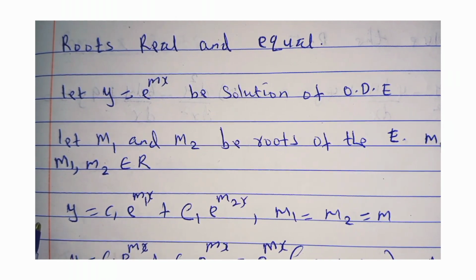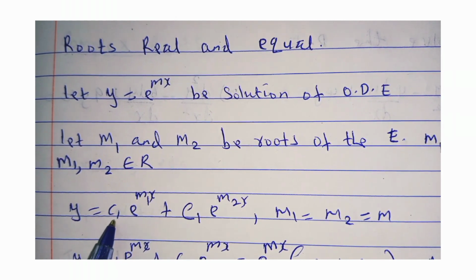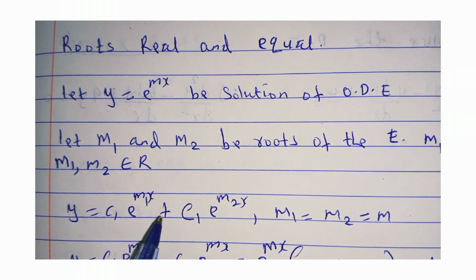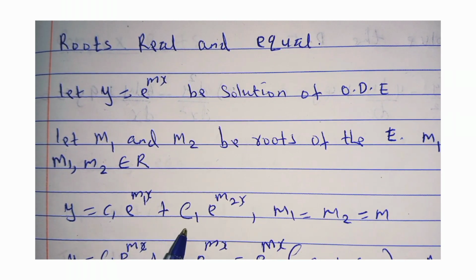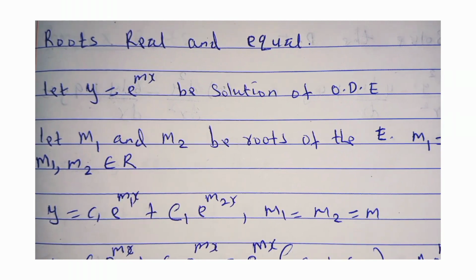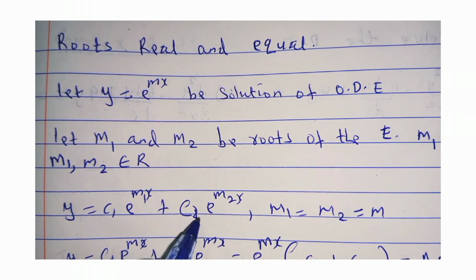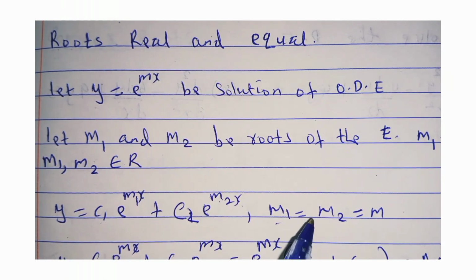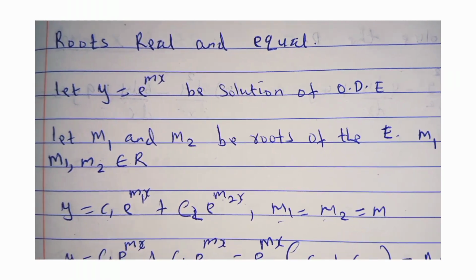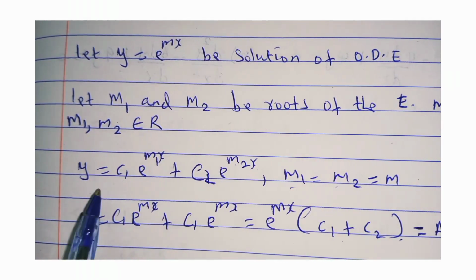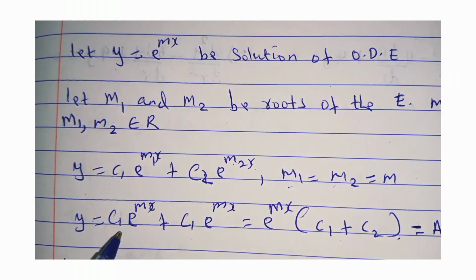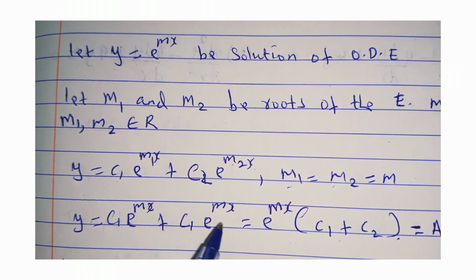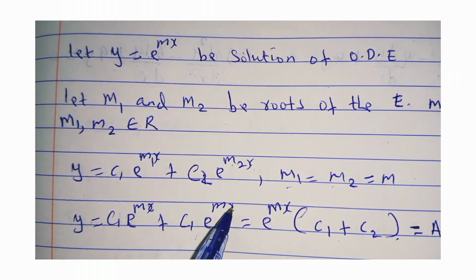In this case, we will have y equal to c1 exponential m1x plus c2 exponential m2x. Here, m1 is equal to m2, which is equal to m, meaning that where you have m1, you can substitute it with m, and where you have m2, you can substitute it with m.